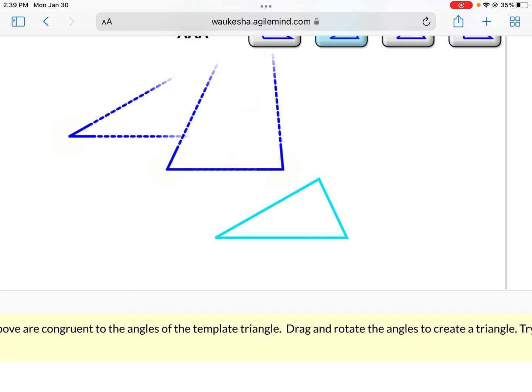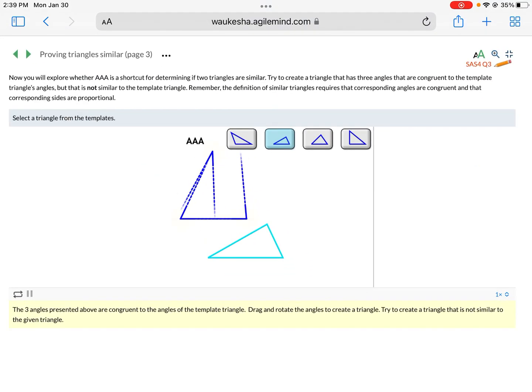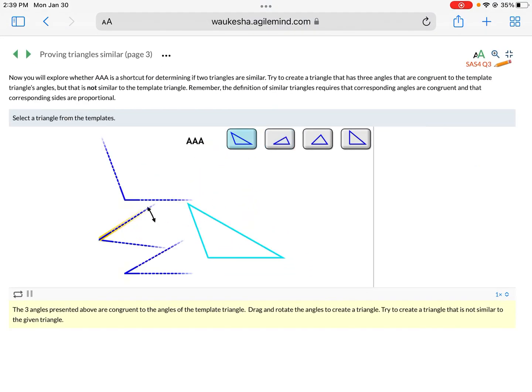So is there any way that I can move or rotate these things around to make a triangle that is not congruent to my original triangle on the bottom? And as I move this around, you guys will see it's impossible to make a triangle that way. I can't make a triangle this way. And you guys can mess around with this. I can move these around.